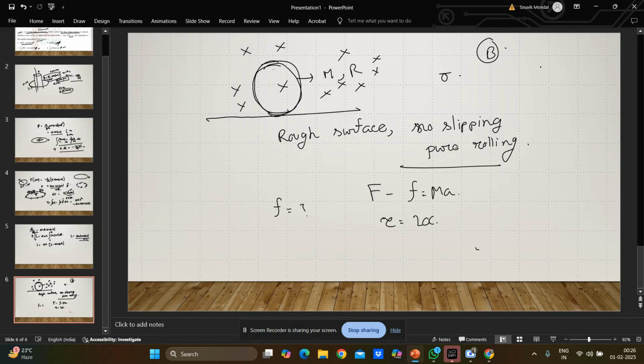If it is a disk, then sigma is distributed uniformly on it, and you have to integrate to calculate the torque, because every point has a different radial distance r, so you need a special integration. But if you think of it as a ring, then r is fixed, so you don't need to do integrations. So first try it as a ring, and then try it as a disk.